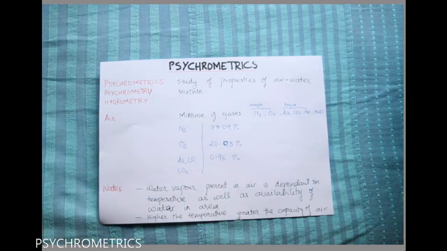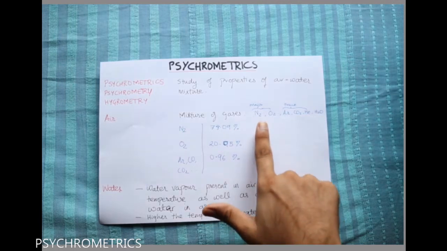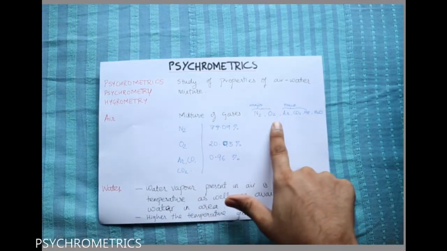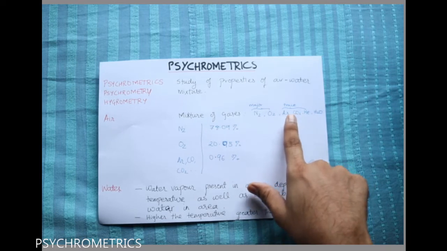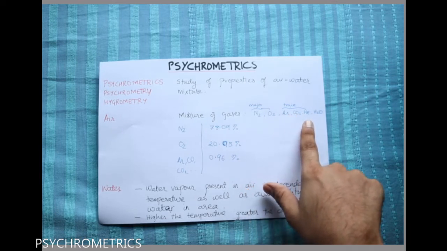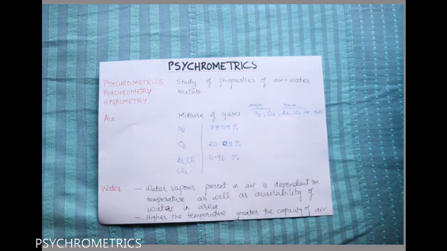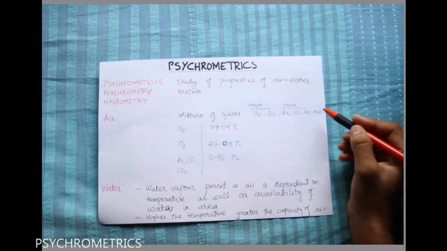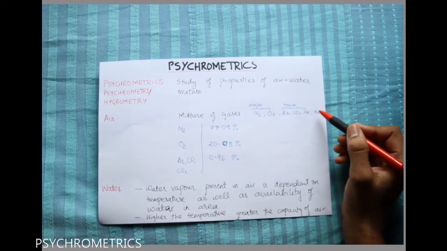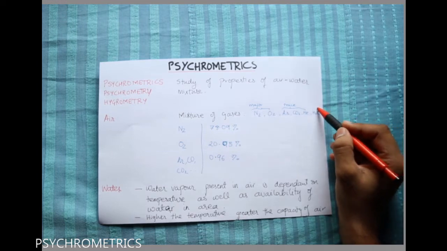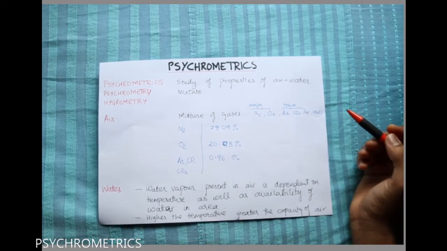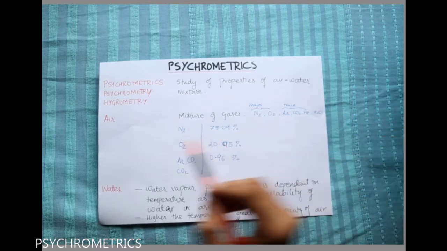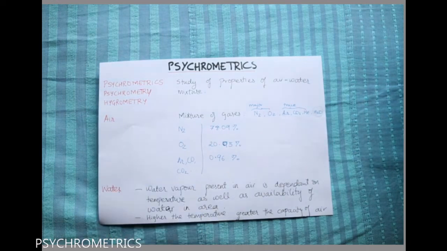So what is air? Air in itself is a mixture of gases. We have got major components and minor or trace components. The major components are nitrogen and oxygen, whereas the minor or trace components are argon, carbon dioxide, helium, etc. Now, even though the normal air that we breathe and live in contains some amount of water vapor, we ignore this and we always consider air to be perfectly dry when talking about air and water.